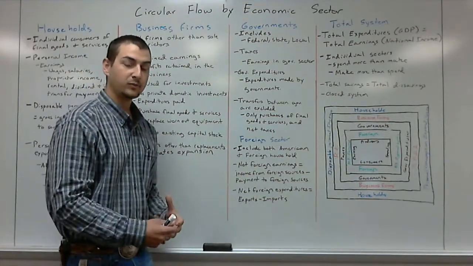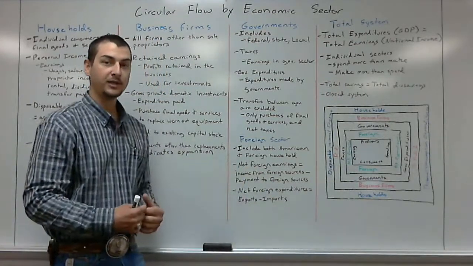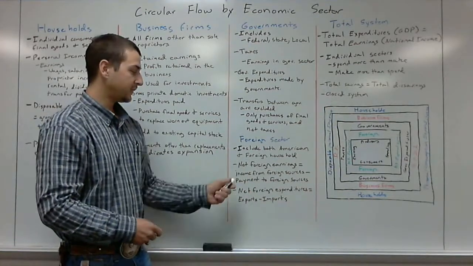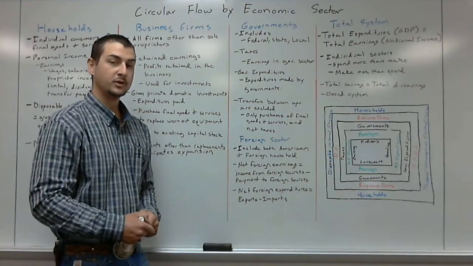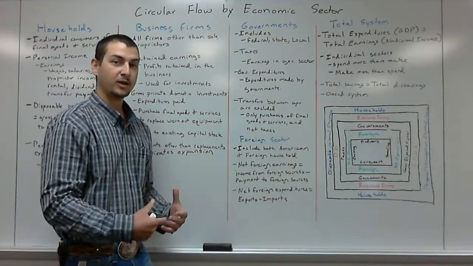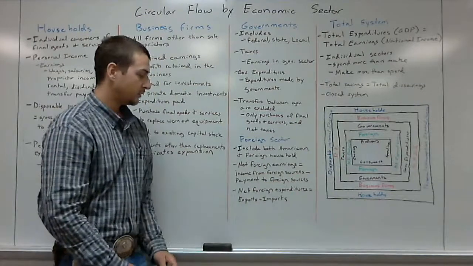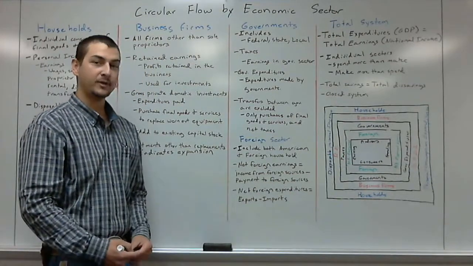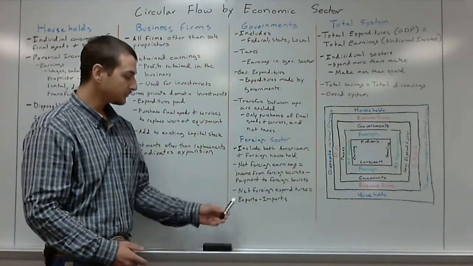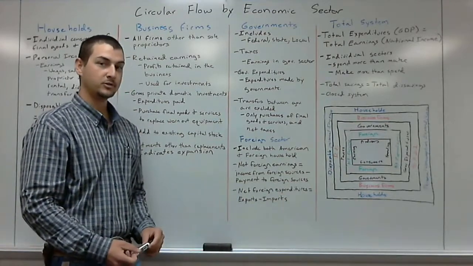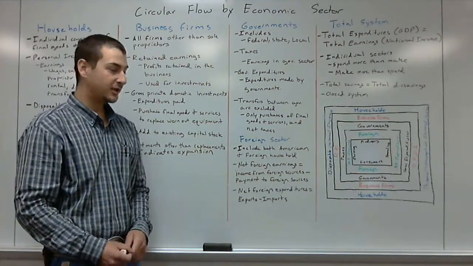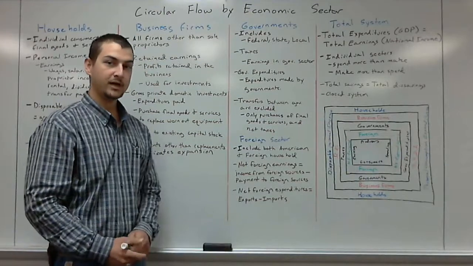So if we're an American receiving money from a foreign company, we are receiving income from a foreign source. But if we are an American company or household paying out money to a foreign source, that's considered a payment to foreign sources. We also have net foreign expenditures. Net foreign expenditures are equal to your exports minus your imports.